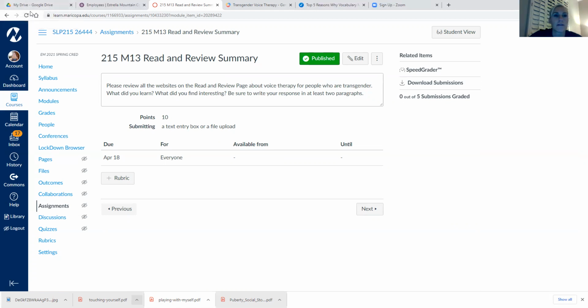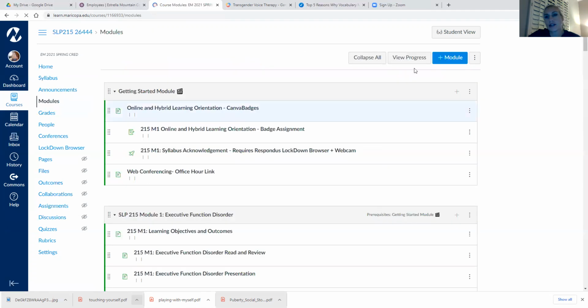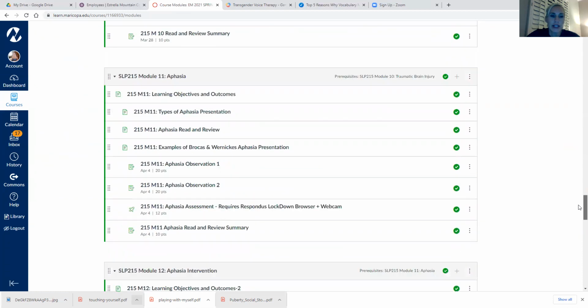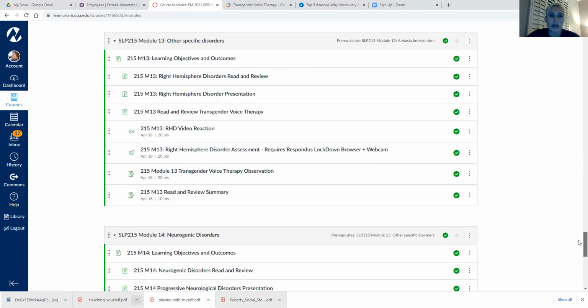So let me go to the ASHA page. ASHA is getting a lot more information, and I think we're getting a lot more research about it too. And you have to think, voice is a component of people's identity. So when we're talking about how people view themselves, that's a component of that. I find that interesting too, because I'm trying to think of how I'd feel if something happened and my voice was dramatically altered and I sounded different or people didn't recognize me.